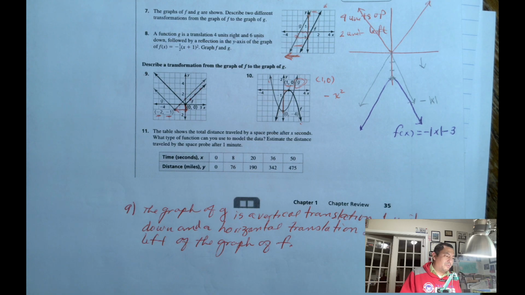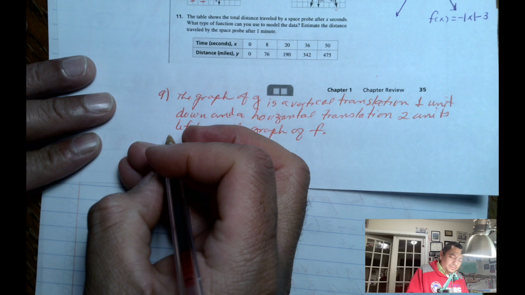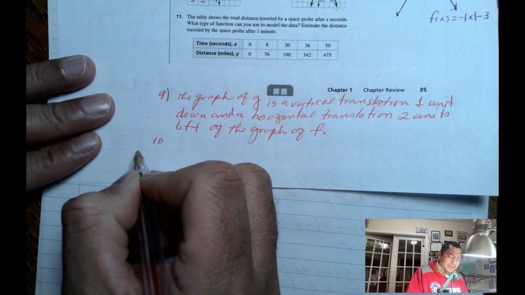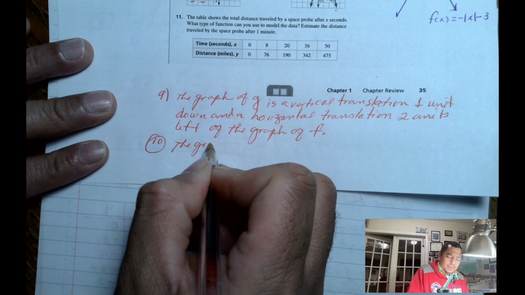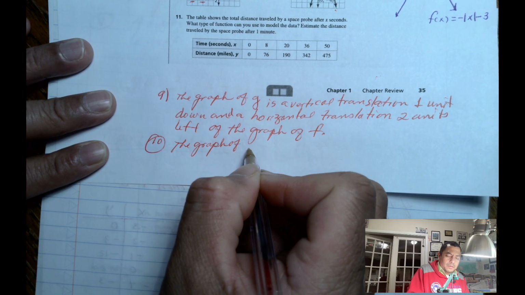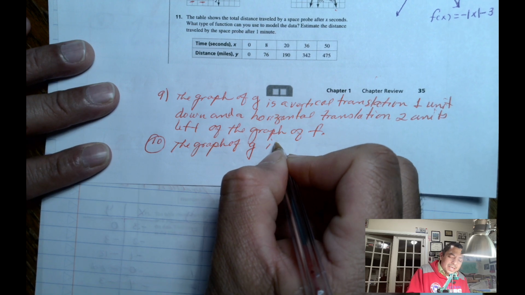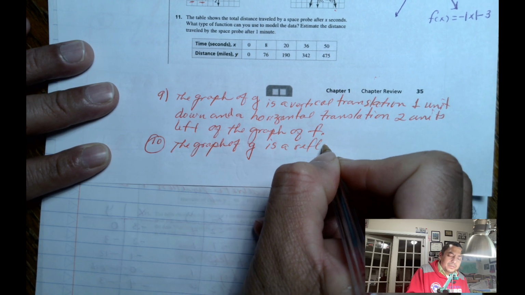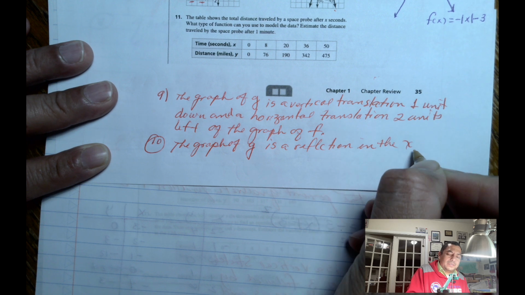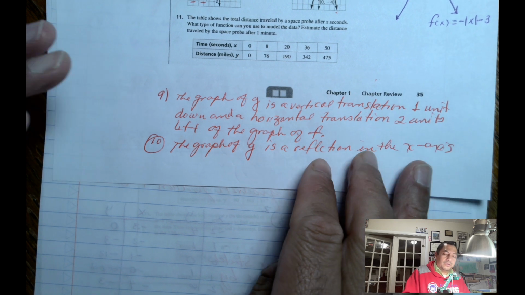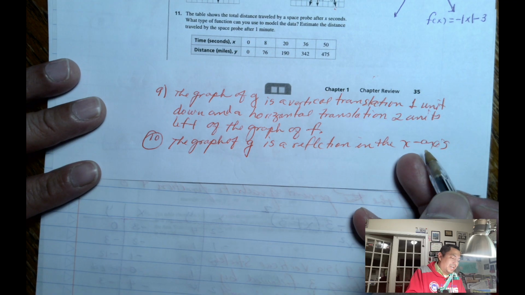So what can I say about this function? This is going to be problem number 10. Okay, so the graph of g in this case is a reflection in the x-axis, because it opens down. It opens down, so it's a reflection in the x-axis.